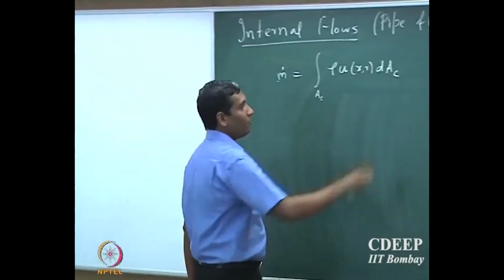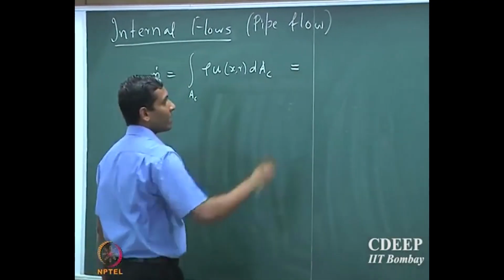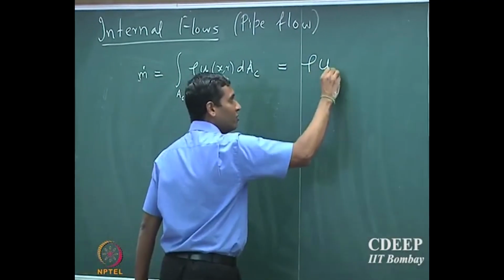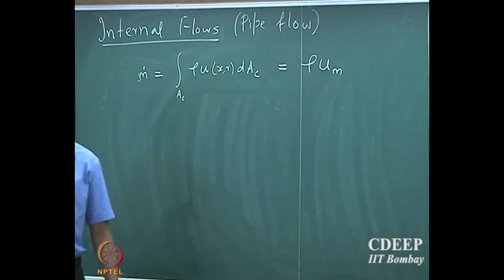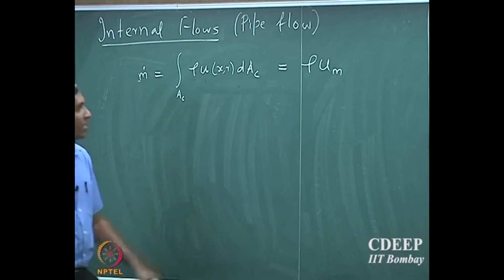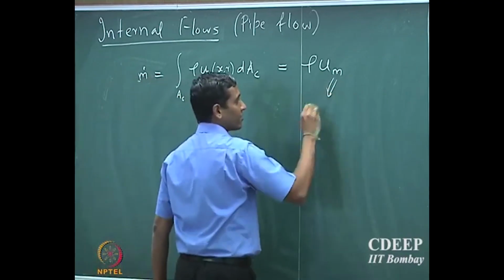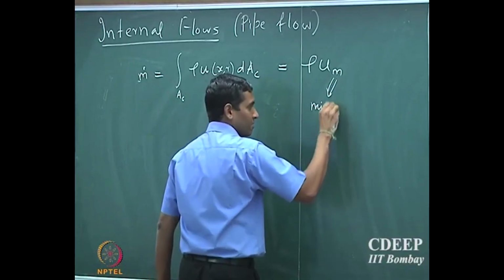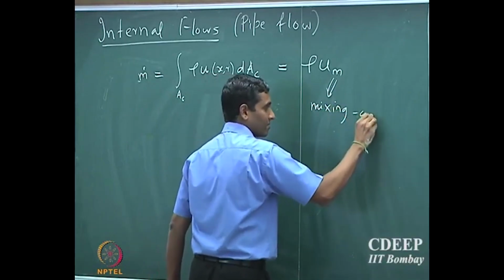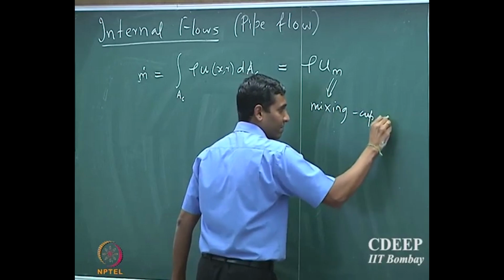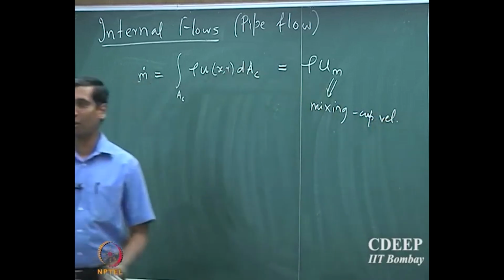So we can define this as rho times U_m, so that's a definition. U_m is the average velocity, and I put m here because in classical literature it is also called the mixing cup velocity, either cup mixing or mixing cup.